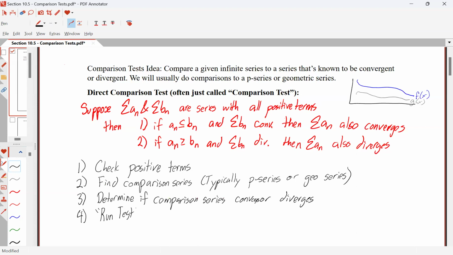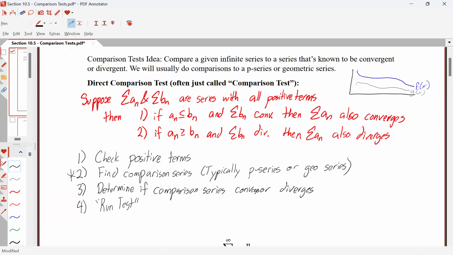Sometimes running the test happens while finding the comparison series, but if it doesn't, we then have to run the test. This set of steps is the same for both tests we're going to talk about today. So running the test is its own thing, though sometimes it happens along the way, in the second step. And then the fifth part, once we run the test, is our conclusion.